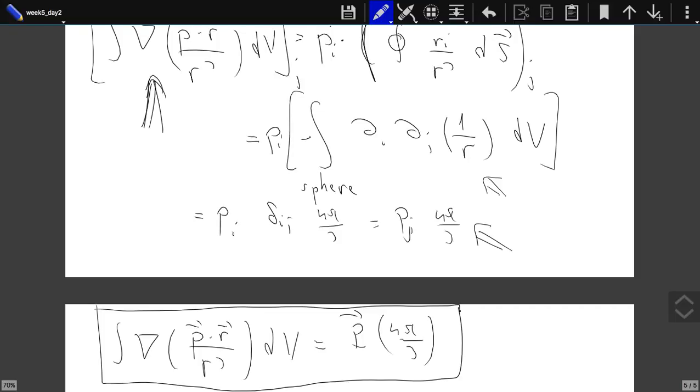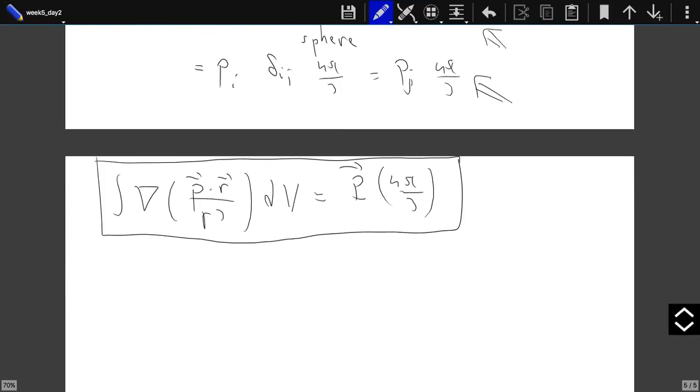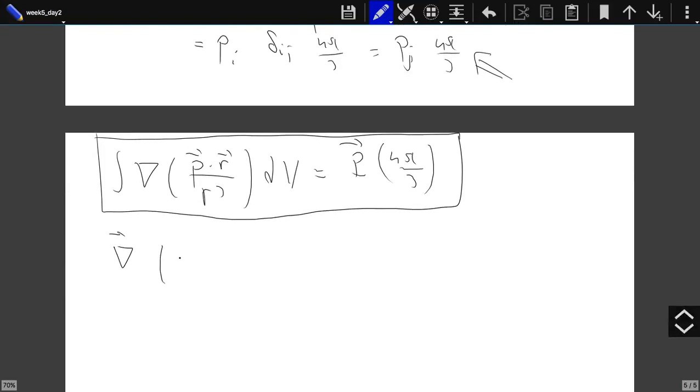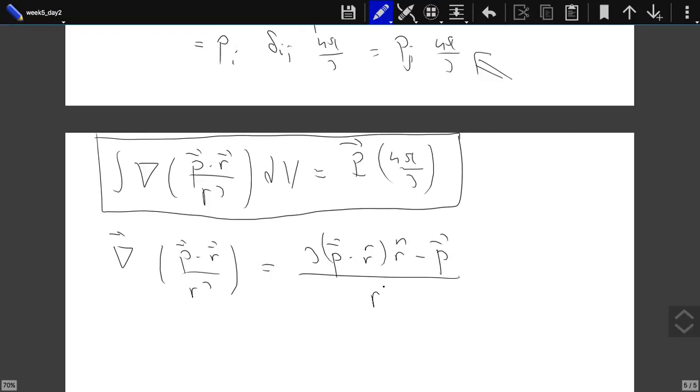So what does this tell me? Remember, p dot R over R cubed was the potential of a dipole. If you take the gradient, you find the electric field of the dipole. And the electric field of the dipole just turns out to be 3 (p dot R hat) R hat minus p over R cubed.